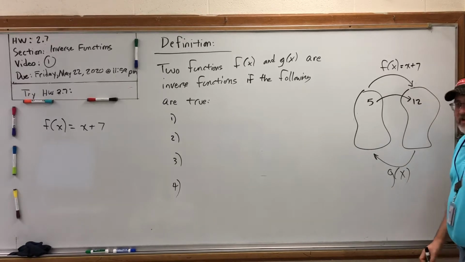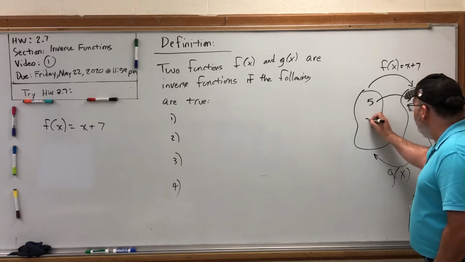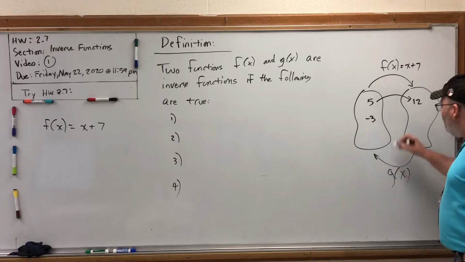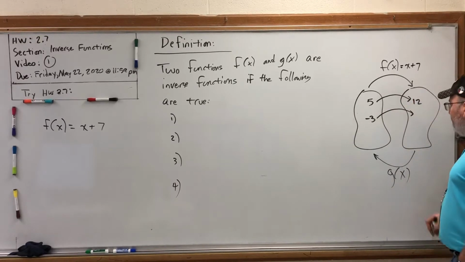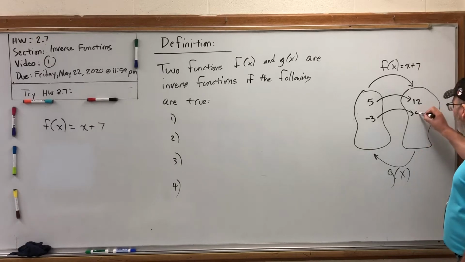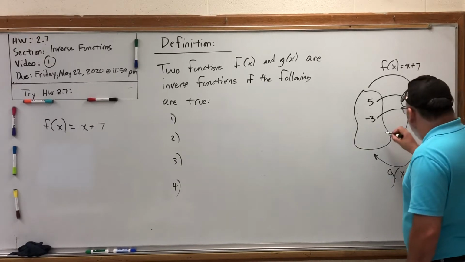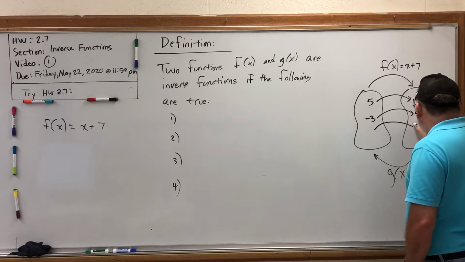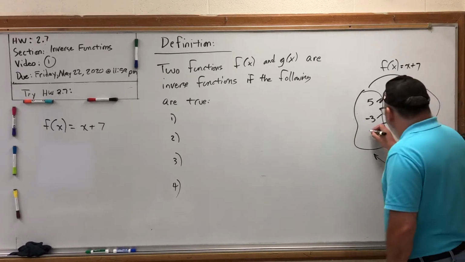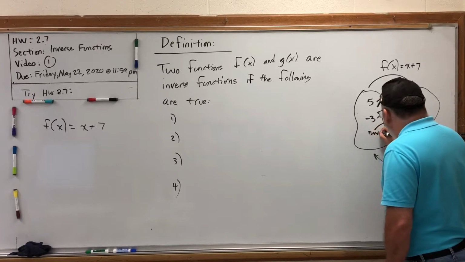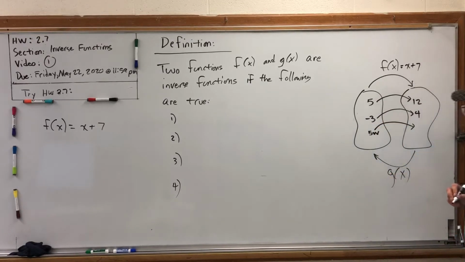Let's try another number like negative 3. If I put negative 3 into the f function, it'll add 7 to it. Negative 3 plus 7 is 4. Or something even a little bit crazier, because remember, we can put anything into a function. So let's say I put in 5w. I know that's a weird thing to put into a function, but I can try to add 7 to it.